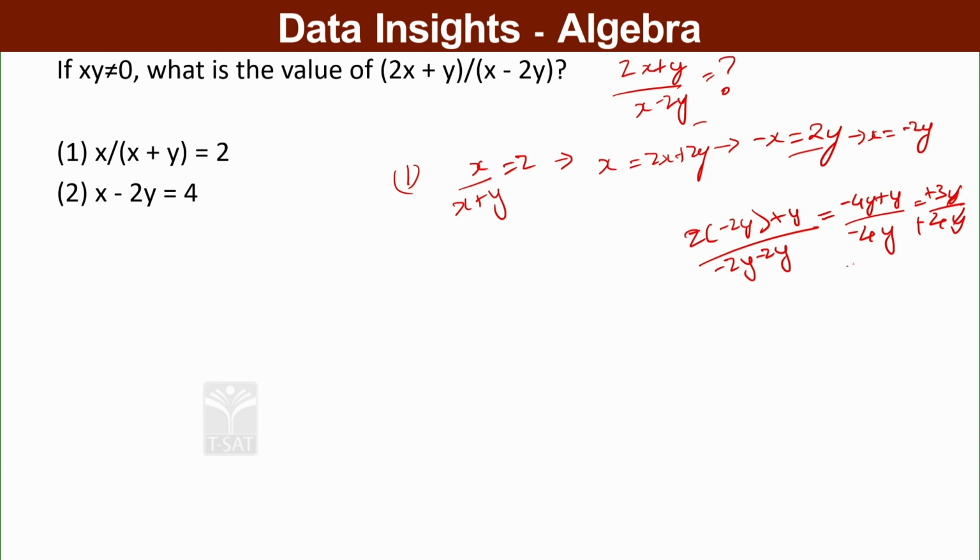Y gets cancelled out, and it is equal to 3 by 4. So, statement 1 alone is sufficient. You get this expression coming out to be 3 by 4.